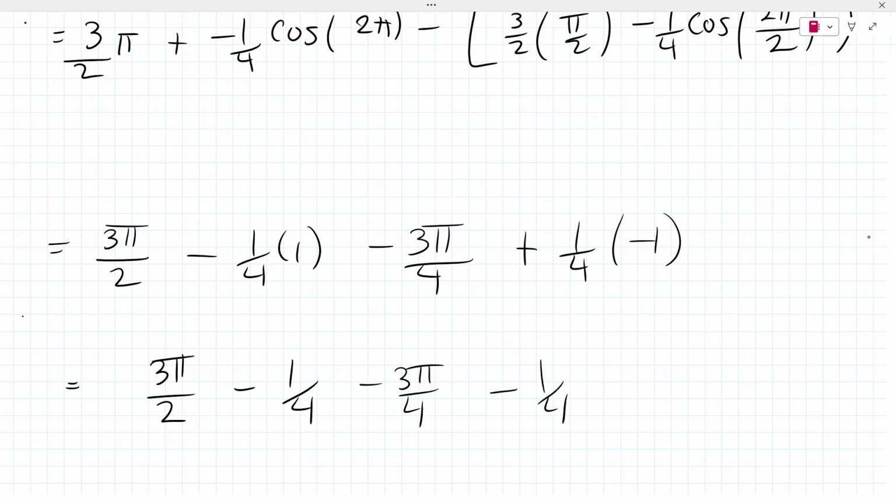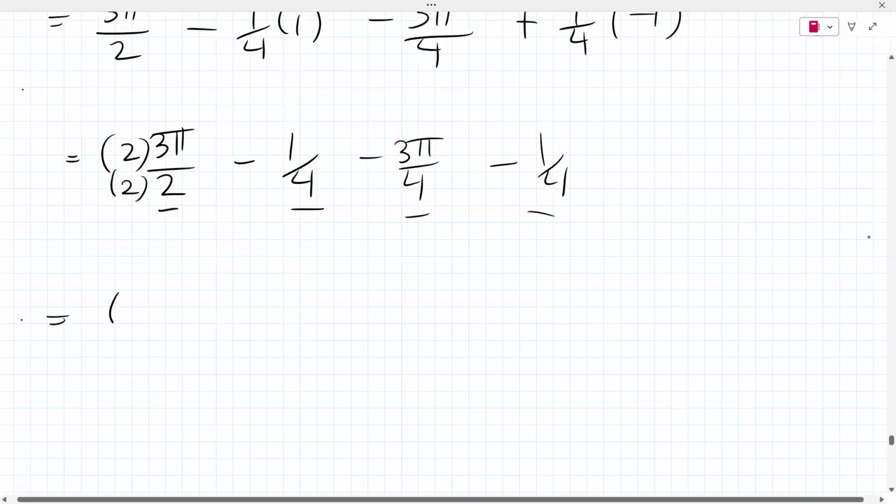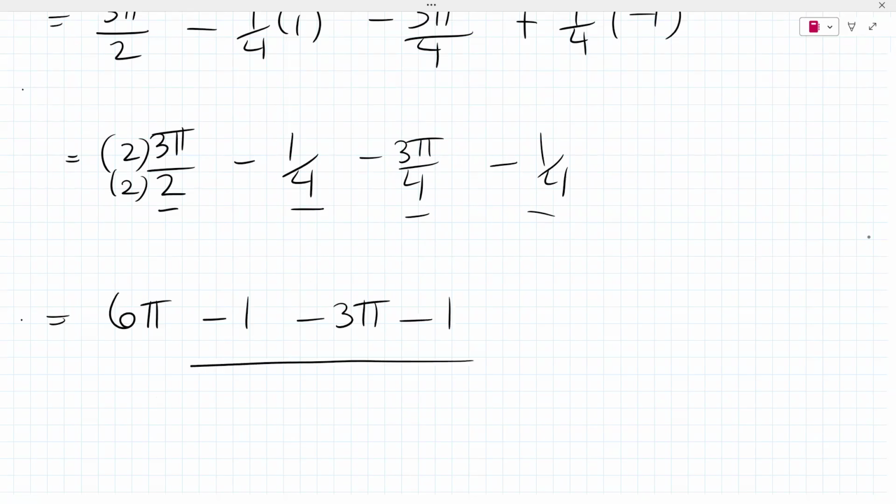And then when you're adding, subtracting fractions, you need an LCD. So if you look at the bottom, we have a 2, 4, 4, 4. Looks like my LCD will be 4. So I'm going to multiply top and bottom by 2. So that's going to be 6 pi minus 1 minus 3 pi minus 1 all over 4. So your final answer is 3 pi minus 2 over 4.